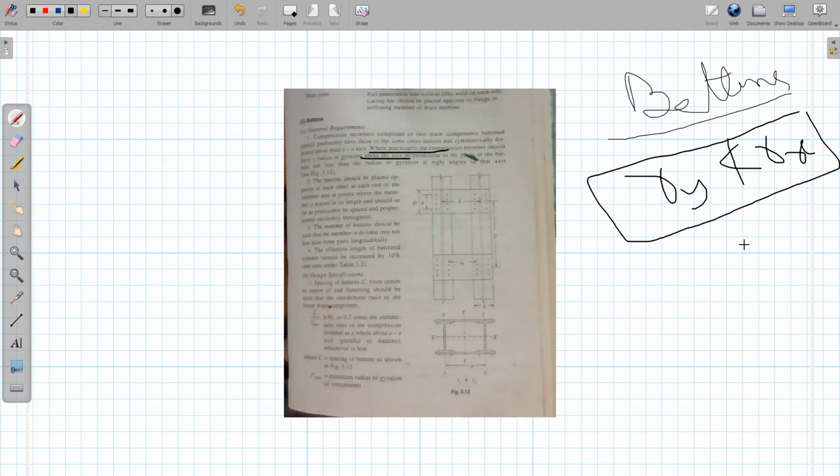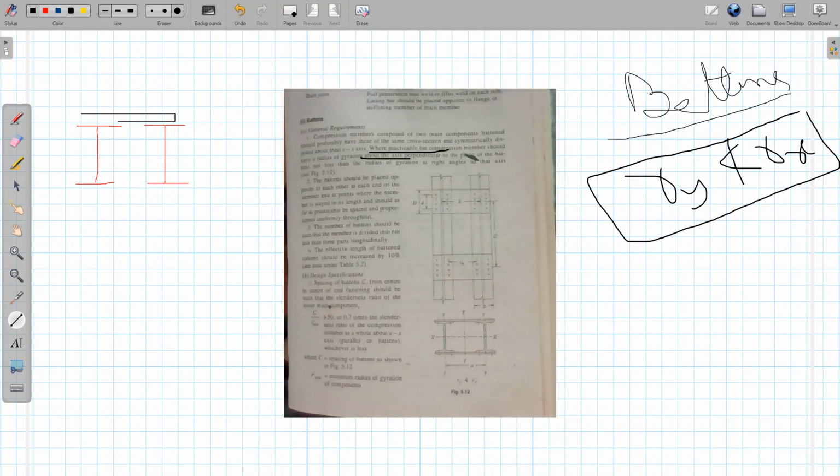Second guideline: the battens should be placed opposite to each other at each end of the member. Suppose this is the column, and these are the two columns we are fixing with battens.